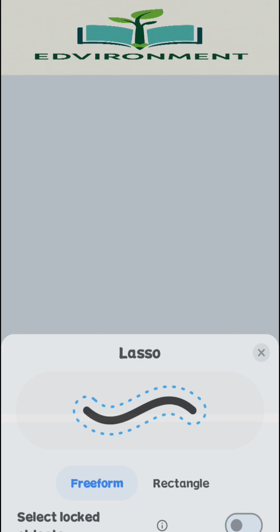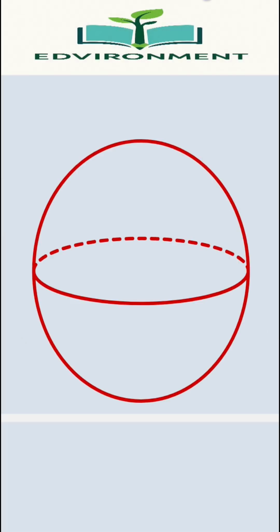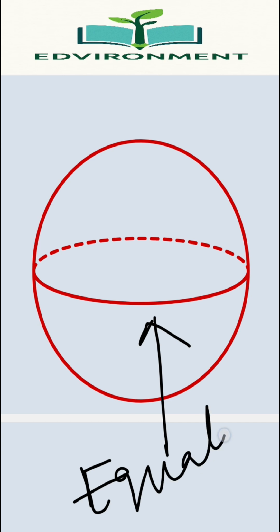You are all aware of latitudes and longitudes, right? First of all, the line which is moving right from the middle is the equator, right? So we are aware of this.